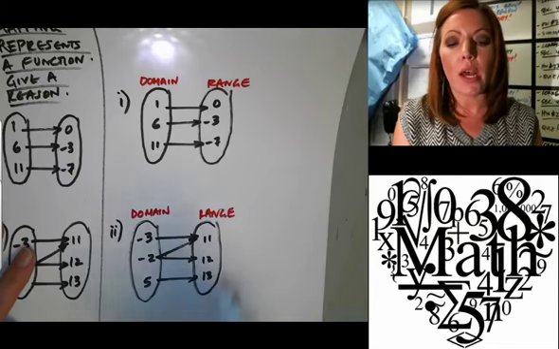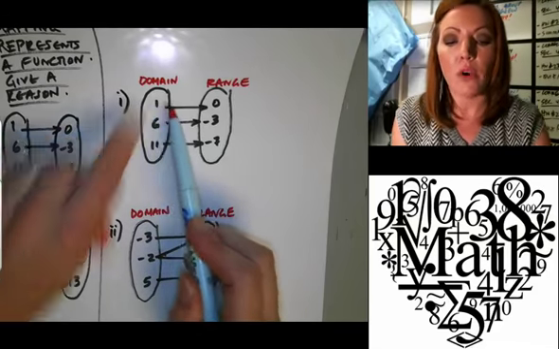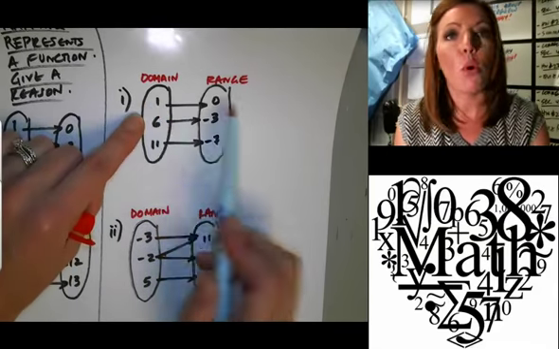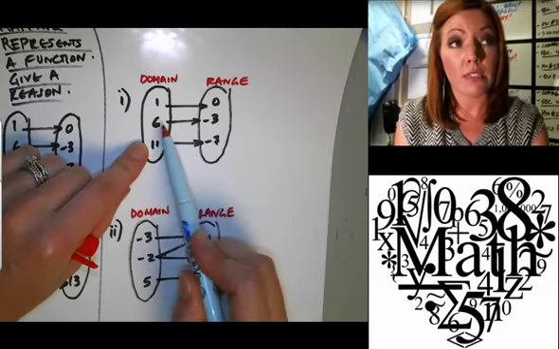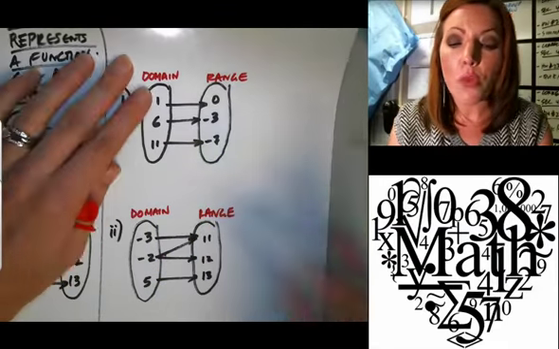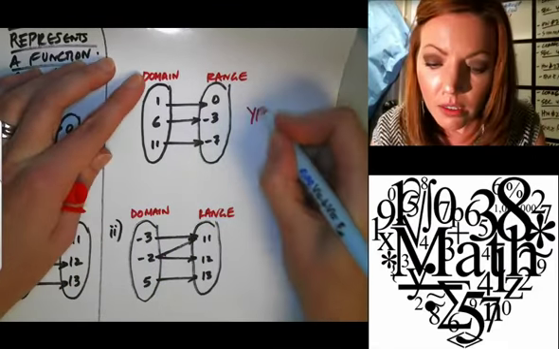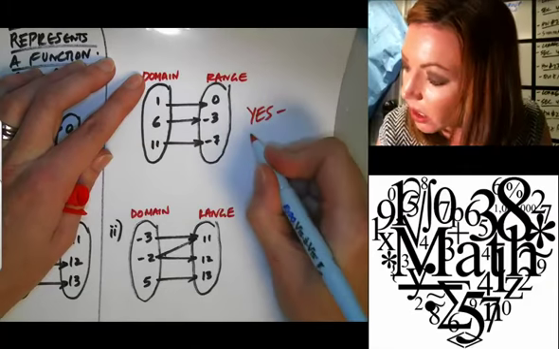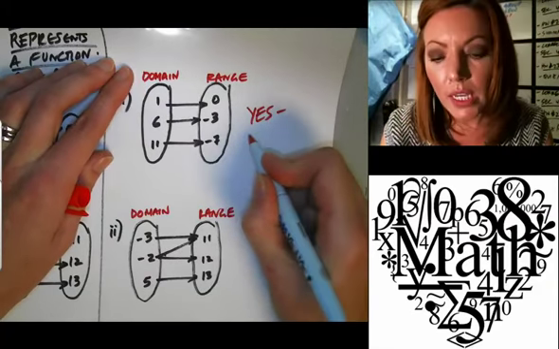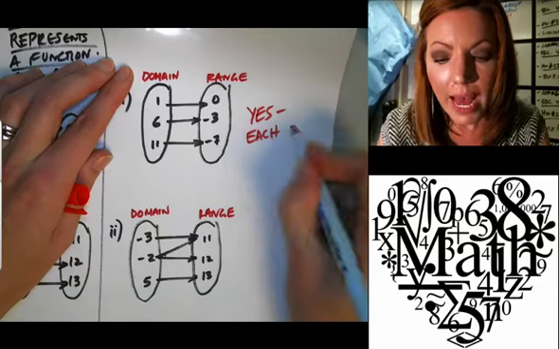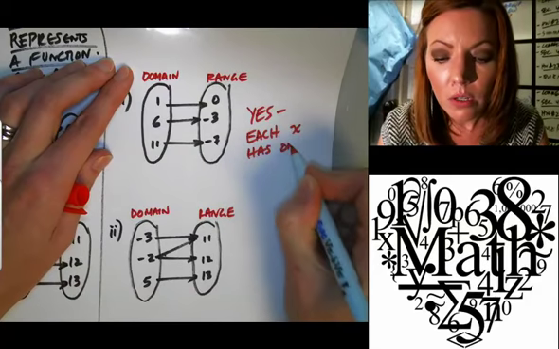In this first one, does this one have only one y value that it's pointing to? How about the 6? And how about the 11? Yes, so this one would be a function because each x has only one y.